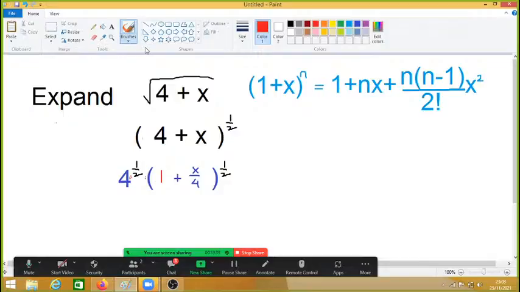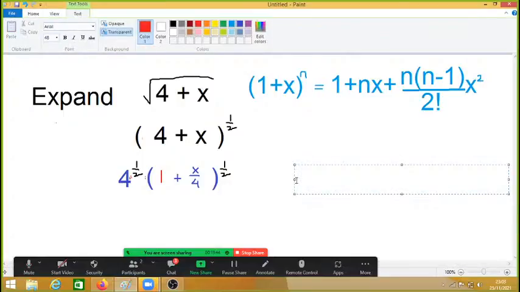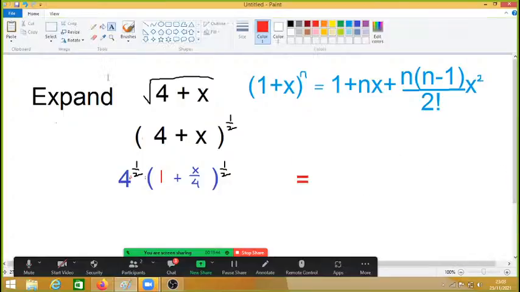So we're just going to apply the formula to this bracket, but remember there's a 4 to the half at the beginning, so we just need to make sure that all of our answer gets multiplied by the 4 to the half. So let's do this in a way that we're not going to lose that 4 to the half. Let's bring it underneath.